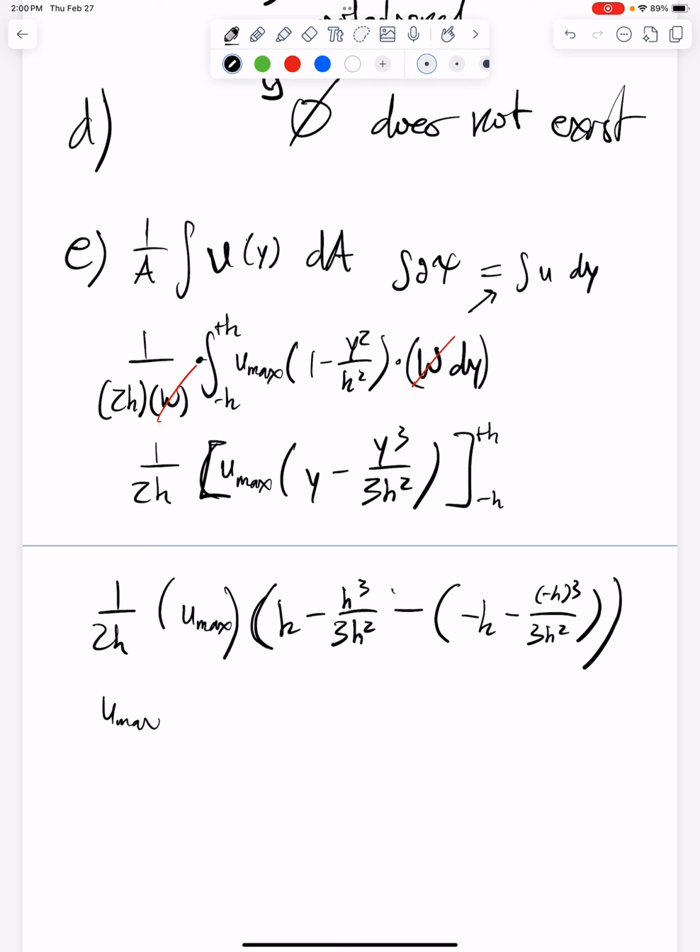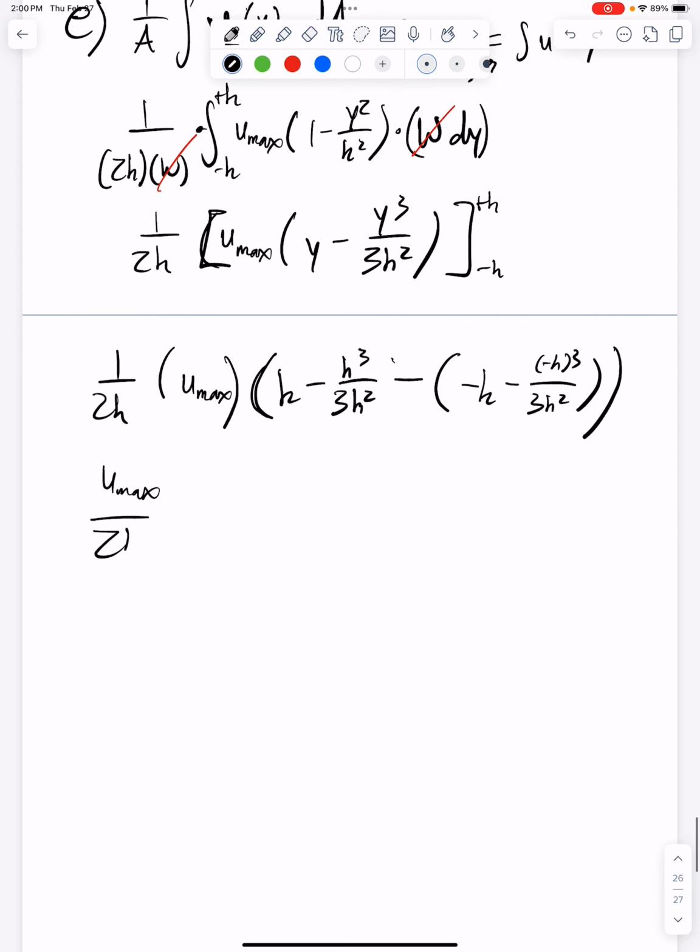U max, 1 over 2h multiplied by these two combined, negative h to the power of 3 divided by 3h squared, minus h to the power of 3 over 3h squared. So everything's kind of like, I think, times 2.